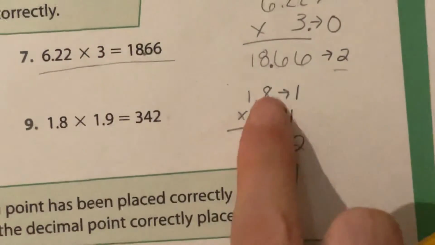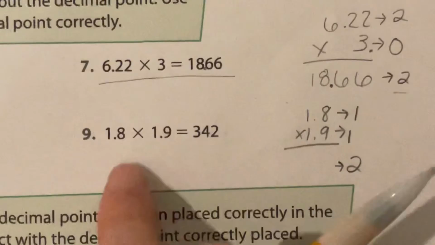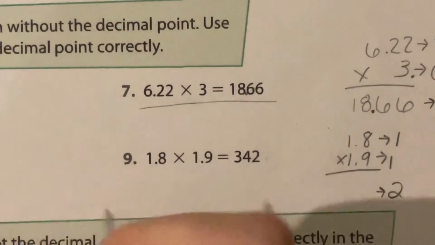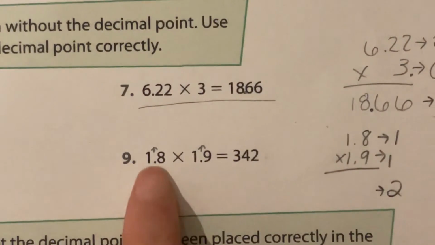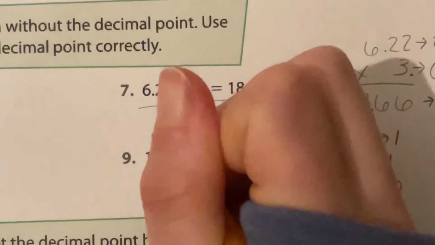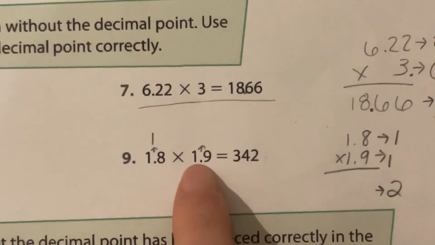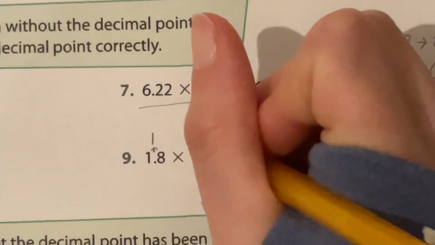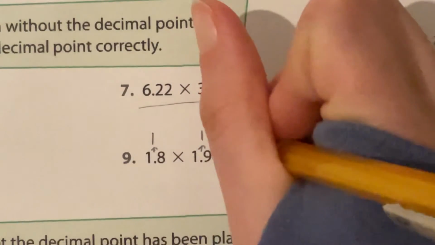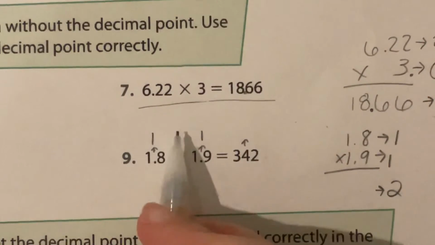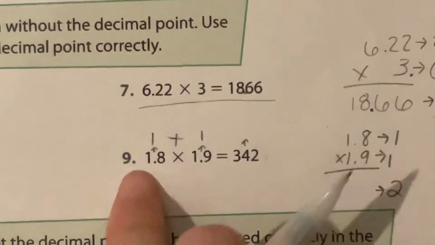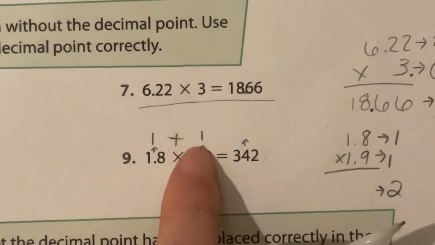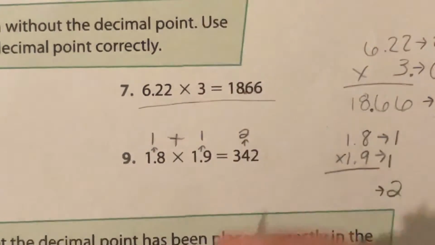So you might not want to write out your problem like this every single time. What I would do is you can do your arrows above it if you wanted. So how many digits are to the right here? 1. How many digits are to the right of the decimal point here? 1, that 9. So for this, I know that I have to just add. That was an ugly plus sign because it's on that little crease in my table. 1 plus 1 is 2.